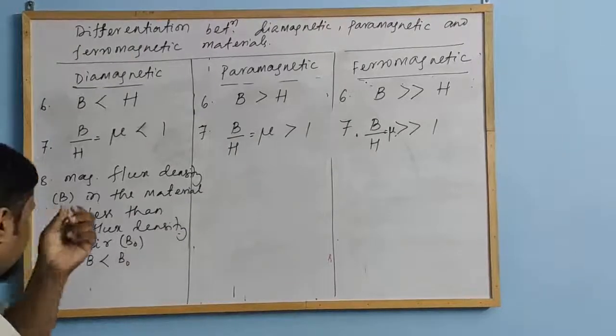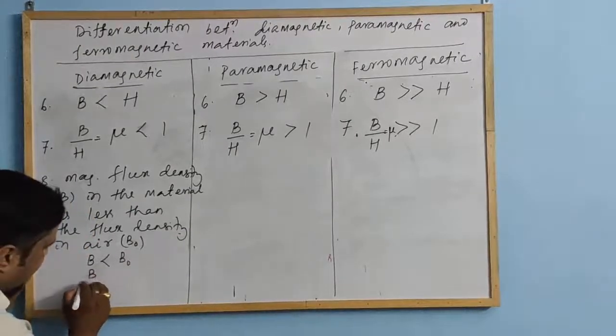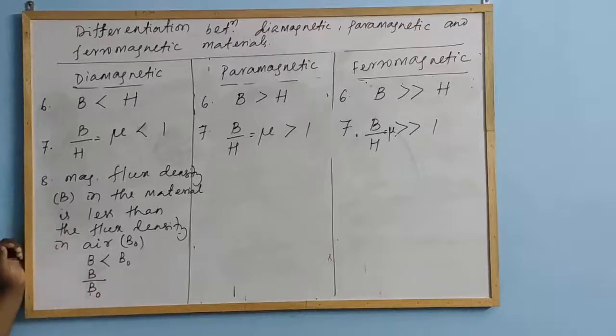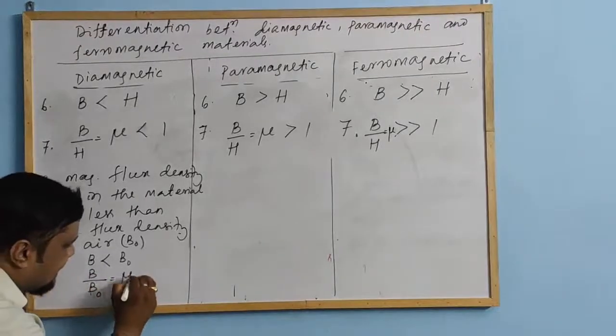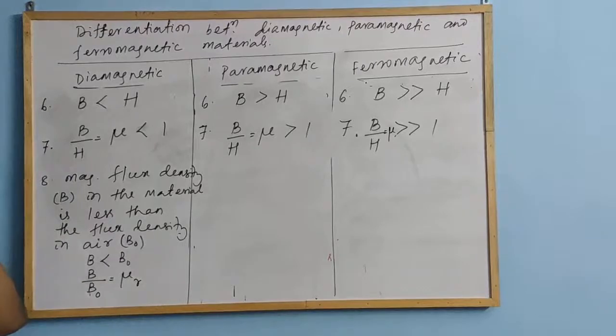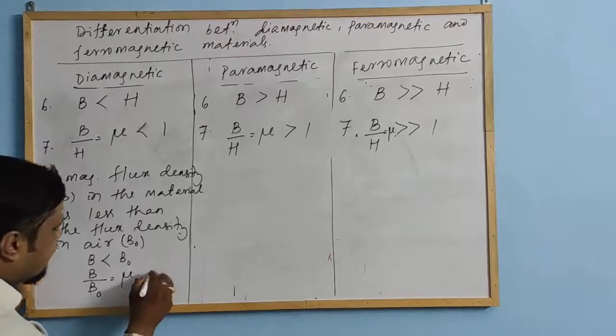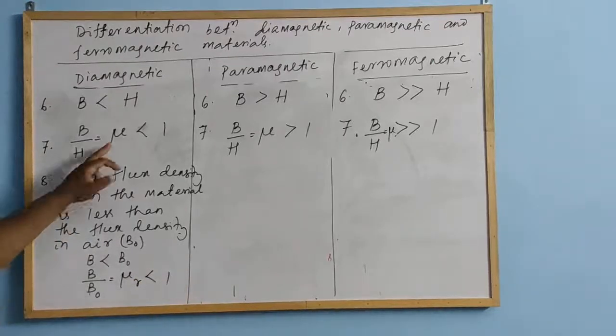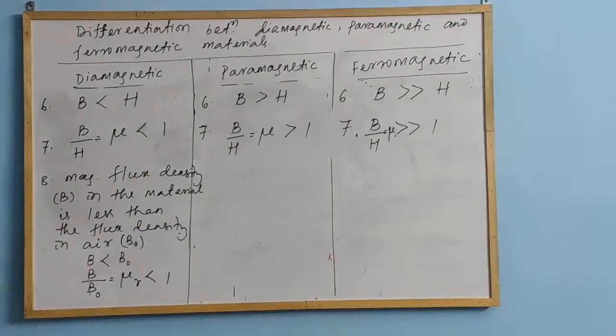As you know, B by B naught is called the relative permeability. Already you know the definition. Relative permeability is the magnetic flux density in the material to the magnetic flux density in the air. So this relative permeability is less than 1. This gives you another one, the ninth one: relative permeability is less than 1.